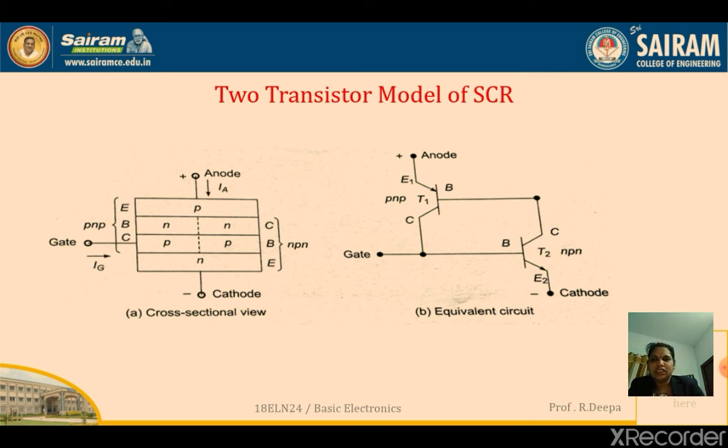As we have seen in the cross-sectional view, the base of transistor 1 is connected to the collector of the second transistor, and vice versa. That is, the collector of T1 is connected to the base of T2, both are connected together, and a gate terminal is taken from there. So B represents the equivalent circuit of the two transistor model of SCR.